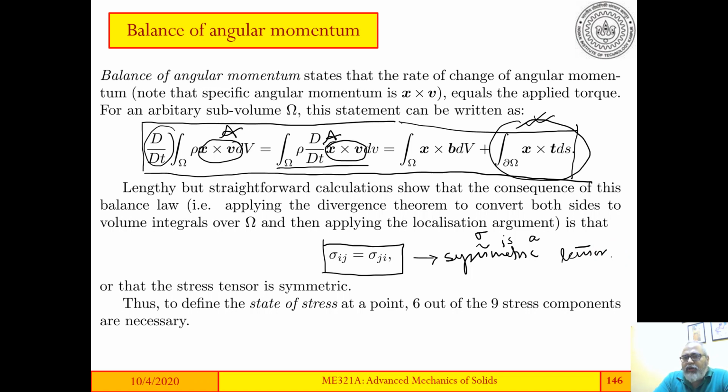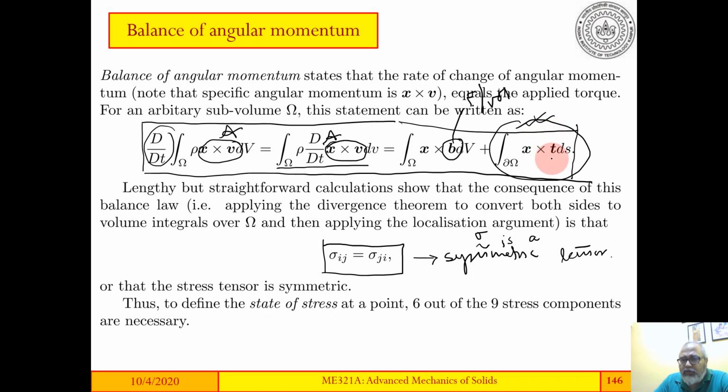There is one small caveat that we want to point out here. We had body forces, which are forces per unit volume. This is what body forces are. We never had any body couples, so we do not envisage that our small volume dV is subjected to a distributed couple as well as a body force.